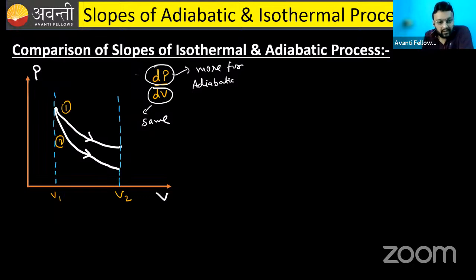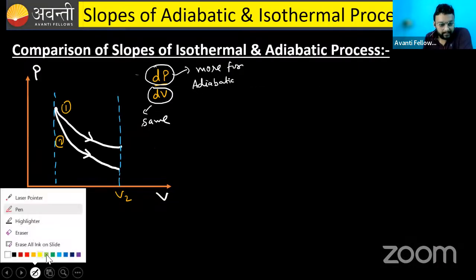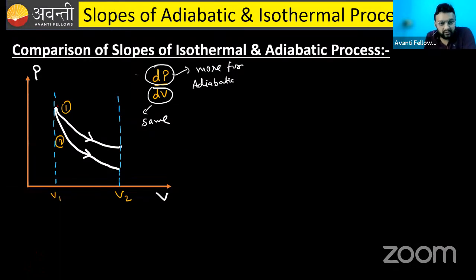Now have a look at that. If you can see the change in pressure, for process 1, the change in pressure is this one. This is process 1. And for process 2, the change in pressure is from there. This is for process 2.